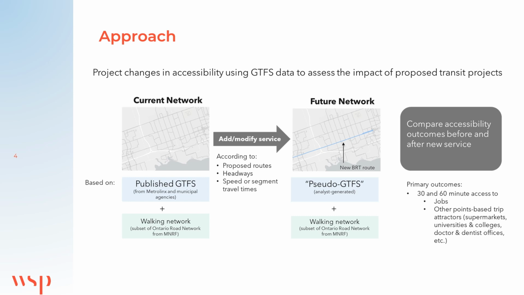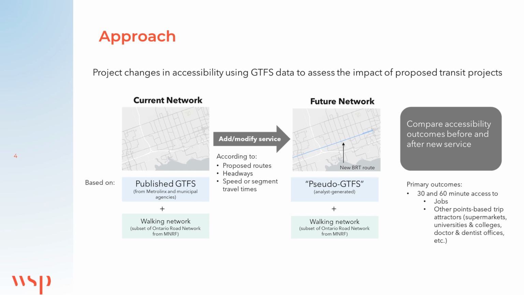We take a look at the current network, understand what the access to various opportunities, which can be defined very, very broadly, is. And then we make changes to the GTFS by developing pseudo-GTFS and then ultimately test that future network to understand the changes in overall access.